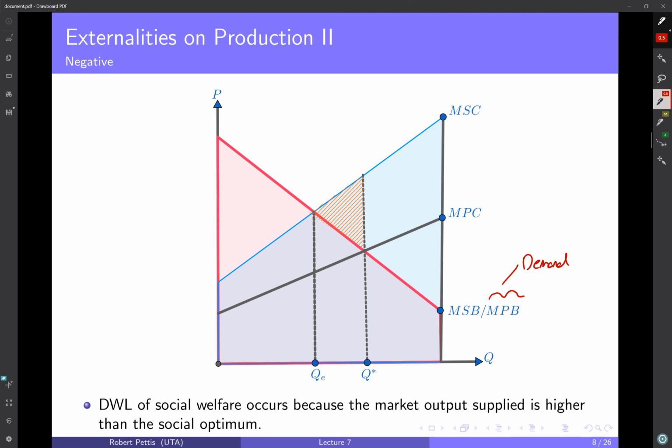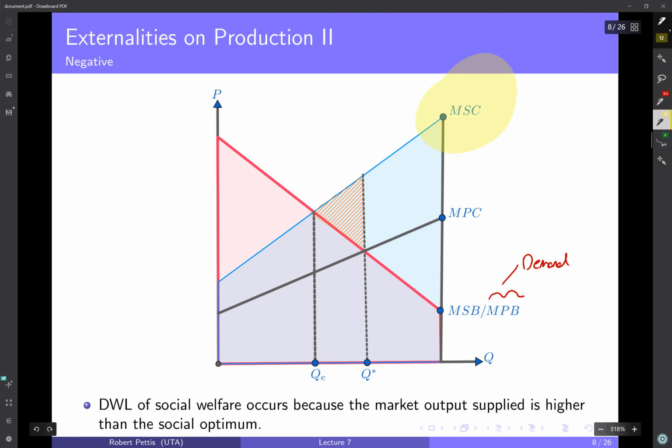Where we might see some sort of difference is that we have our marginal private cost. This is what we said was our supply curve. But now we see that we've got this marginal social cost curve that's different. Let's say we've got this coal plant example.